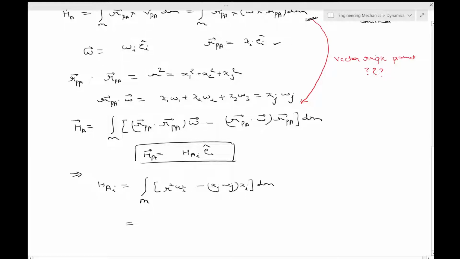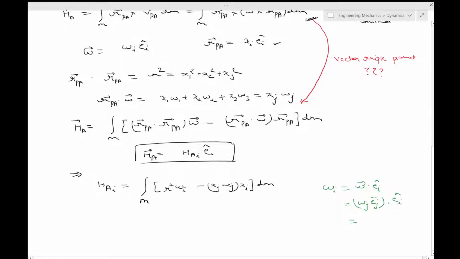Okay, and how do I write the ith component of, say, omega? Quite simple. Let me use another ink. I write the ith component of omega as omega dot ei. Similarly, I can write this as omega j ej dot ei.